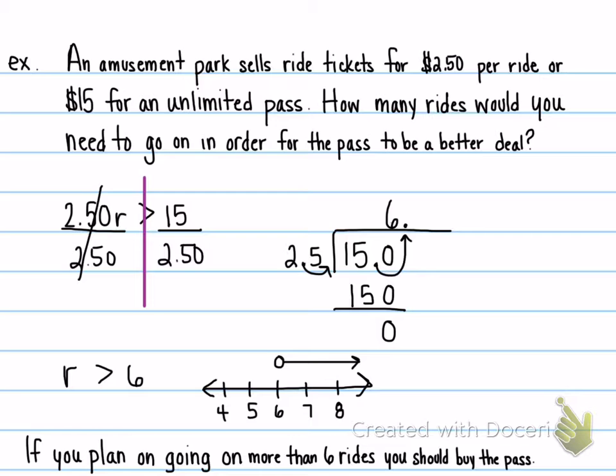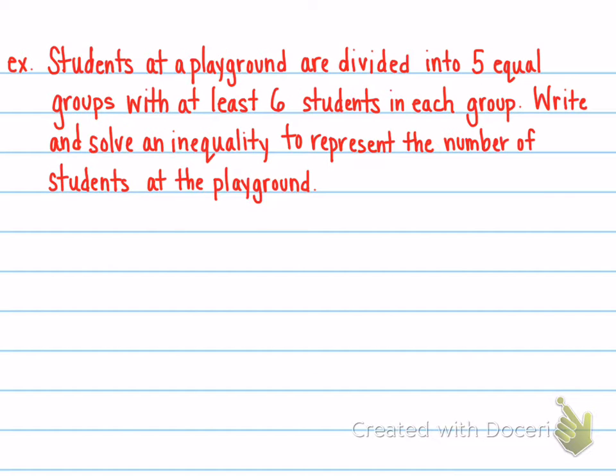Okay, let's do one more. Okay, take a second to write this down. Students at a playground are divided into 5 equal groups with at least 6 students in each group. Write and solve an inequality to represent the number of students at the playground. Okay, so they're divided into 5 equal groups. So when you think about it, that would be the number of students divided into 5 groups.